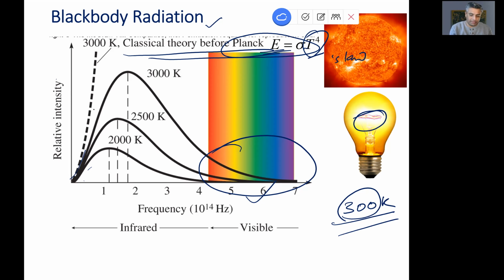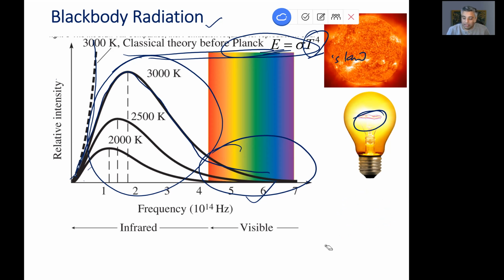So this law predicts this, but what happens? This starts curving down. So the knowledge that we had up to that point was not enough to describe what we were observing by doing the experiment, okay?